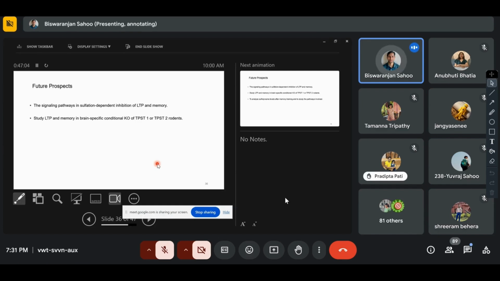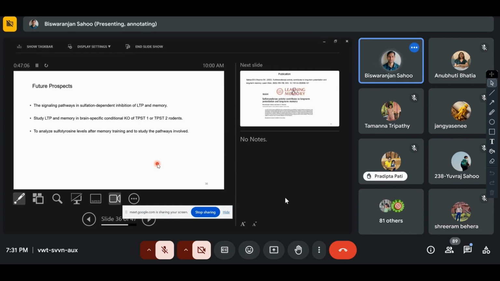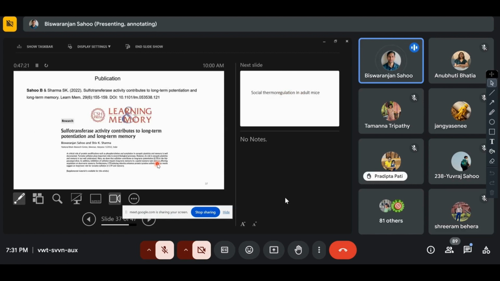If you knock those out, how do they behave in LTP? And to analyze the sulfation level, just like we did after LTP induction, similarly we can study after memory training. You train them in the Morris water maze, then check their protein level. This study was published in Learning and Memory.